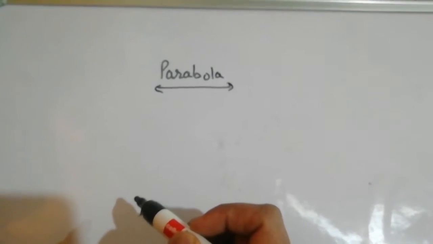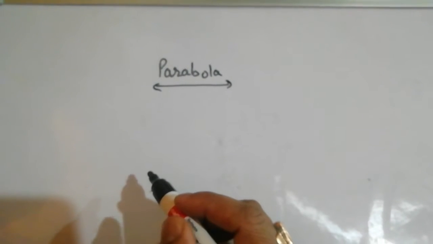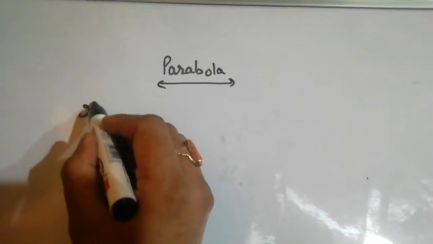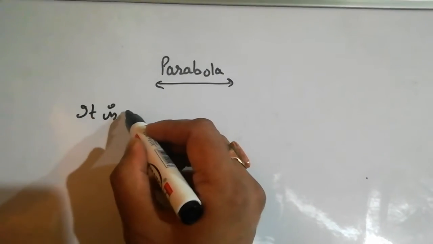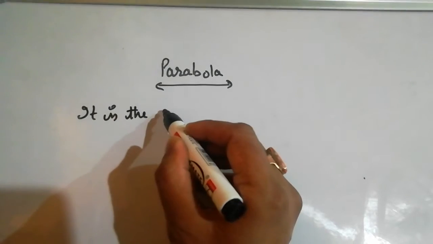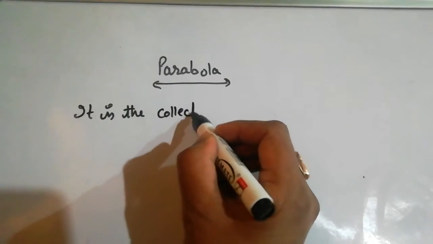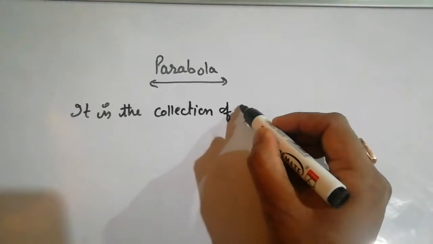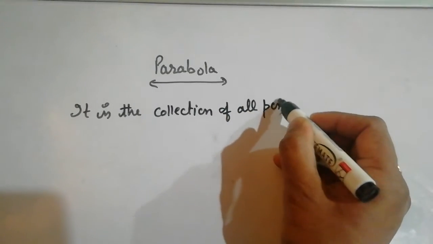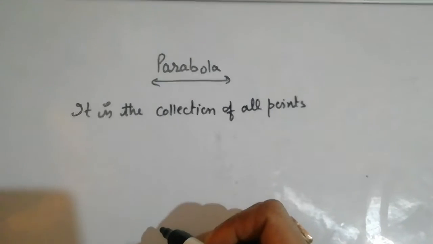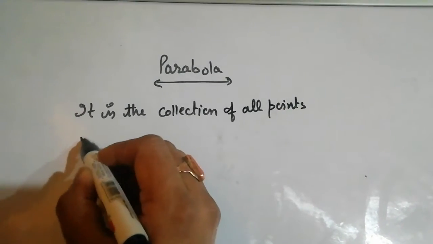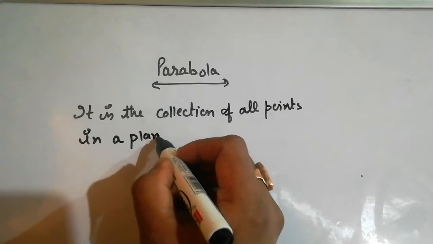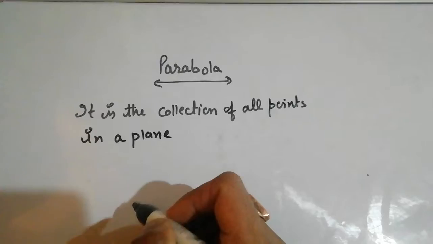So parabola, it is a collection of all points, or you can say the set of all points in a plane.